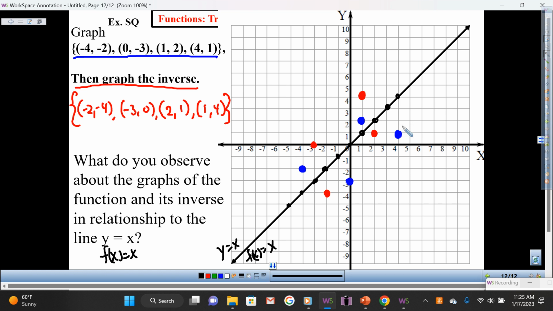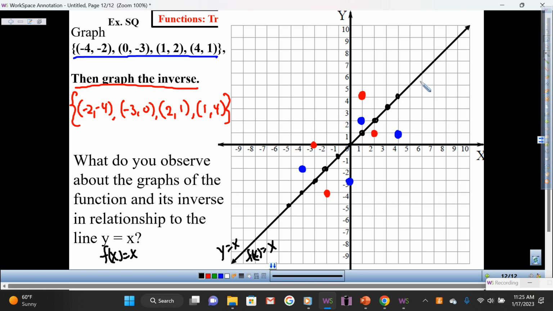What do you think, Jose? One simple word to explain to them that this is the original, this is the inverse. Jalen?